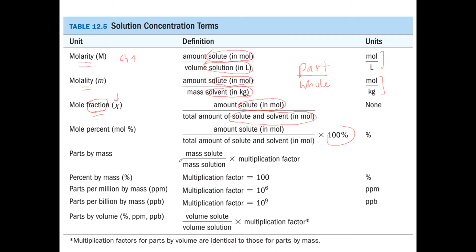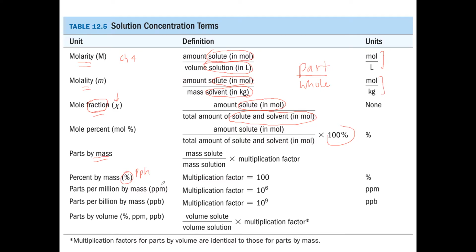The parts by mass is mass of solute over mass of solution, and that's parts by mass, and then by some multiplication factor. And here are the examples. Percent by mass, which is parts per 100. I'm going to write that down here. This is parts per 100, which we typically call percent.